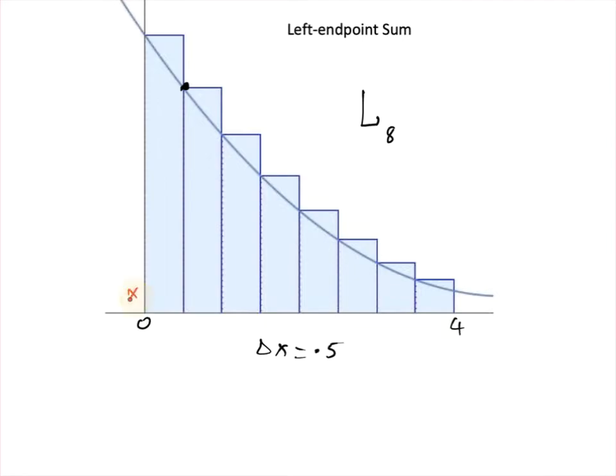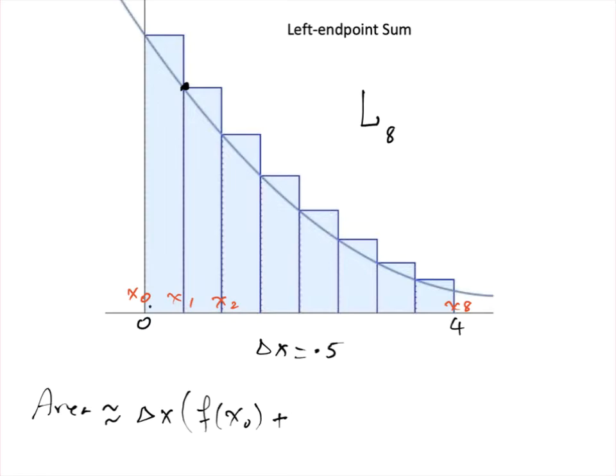So this is x0, x1, x2 all the way to x8, but we don't use x8 for the left sum. So for the left sum, the area is approximately delta x times the value of the function at x0.